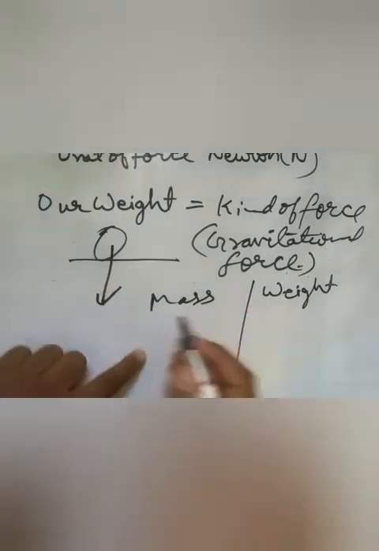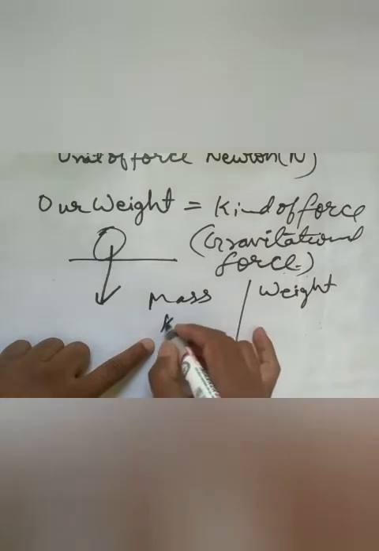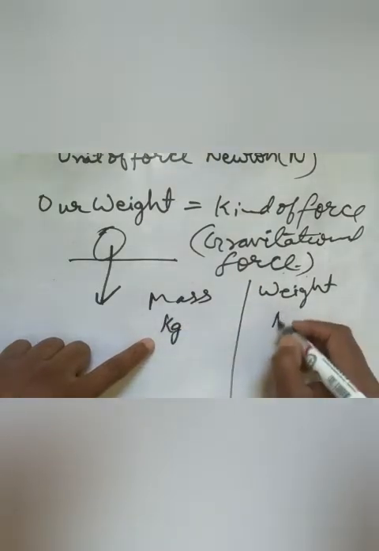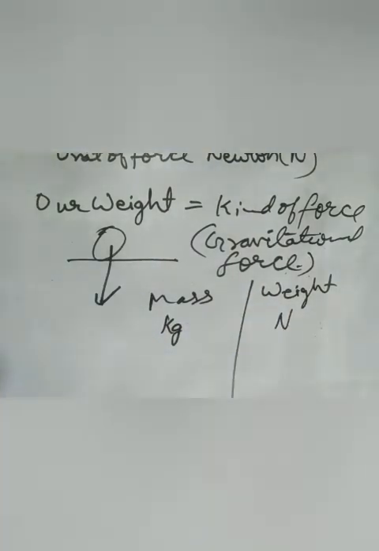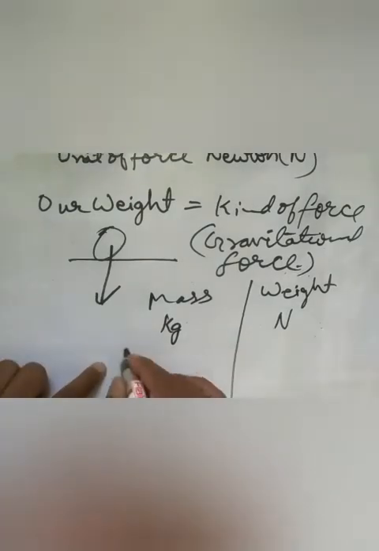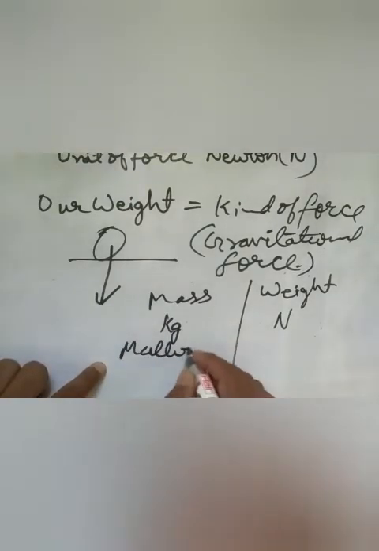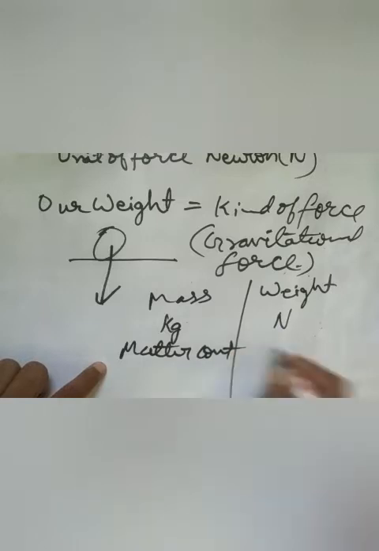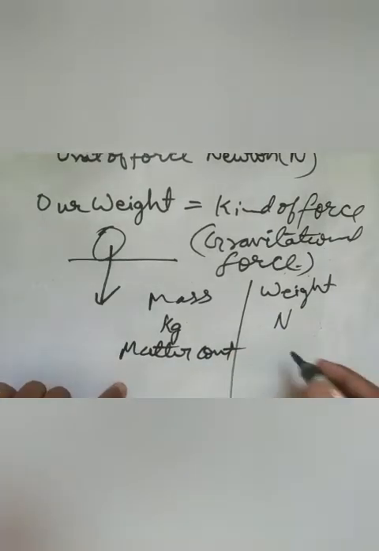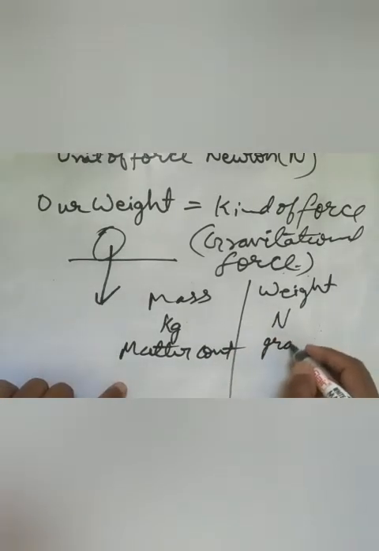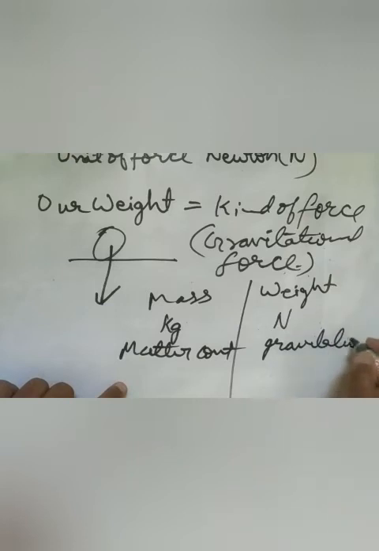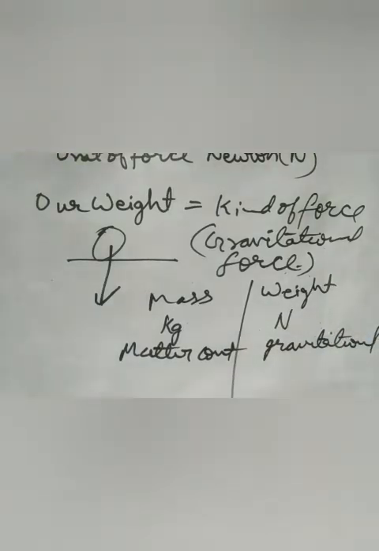Mass, first thing, its SI unit is kg, weight SI unit is Newton. Second, mass is just the matter contained, and weight is the gravitational force.